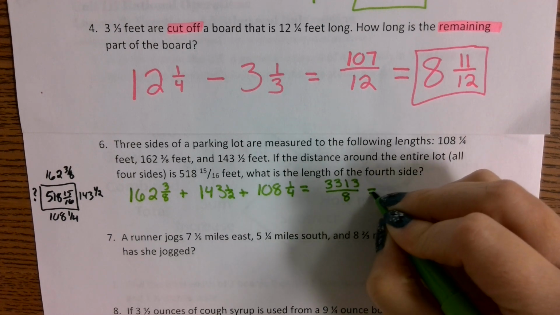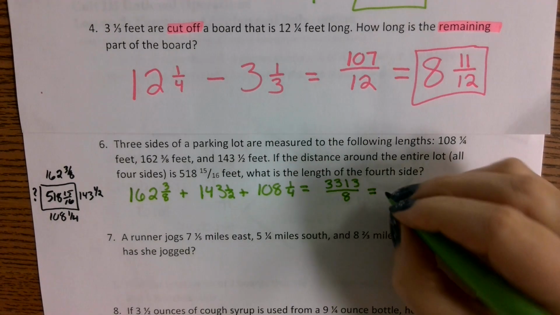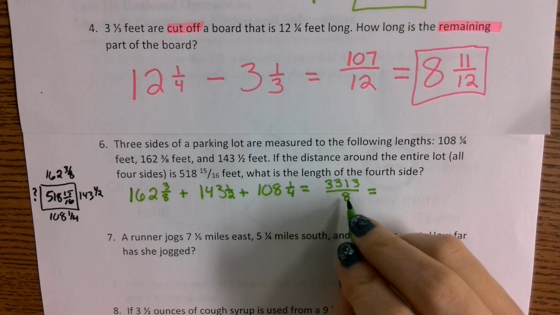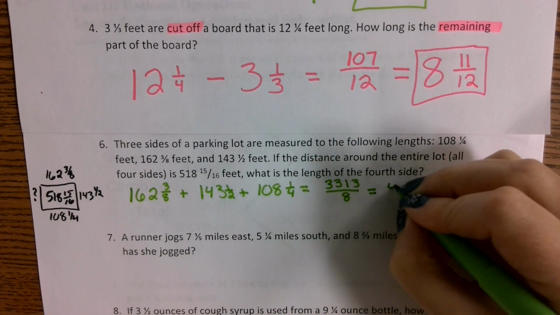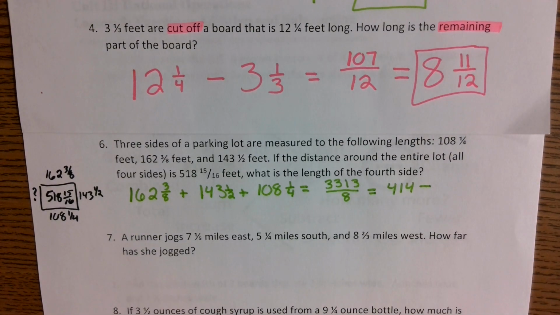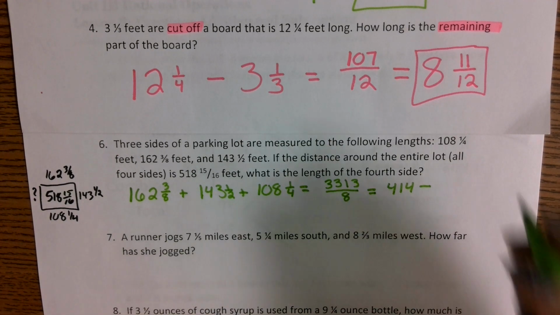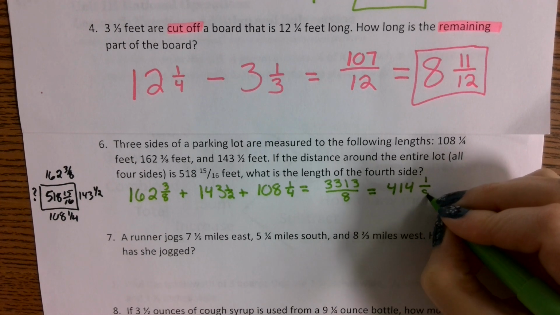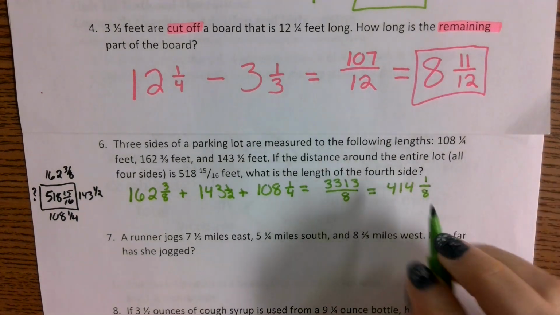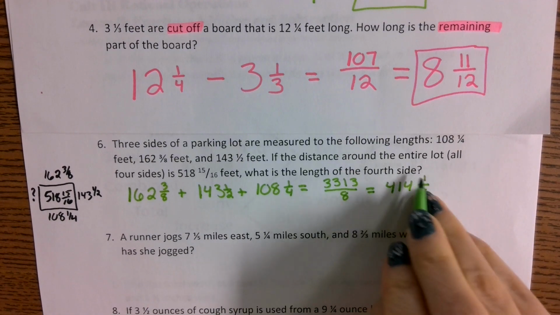That's a pretty big value. When you divide that, it comes out to 414 and some change. So 414, if we multiply that by 8, we get 3,312. When we subtract that away, we get 1 left over out of 8. So there's our addition. That's all the sides added together.